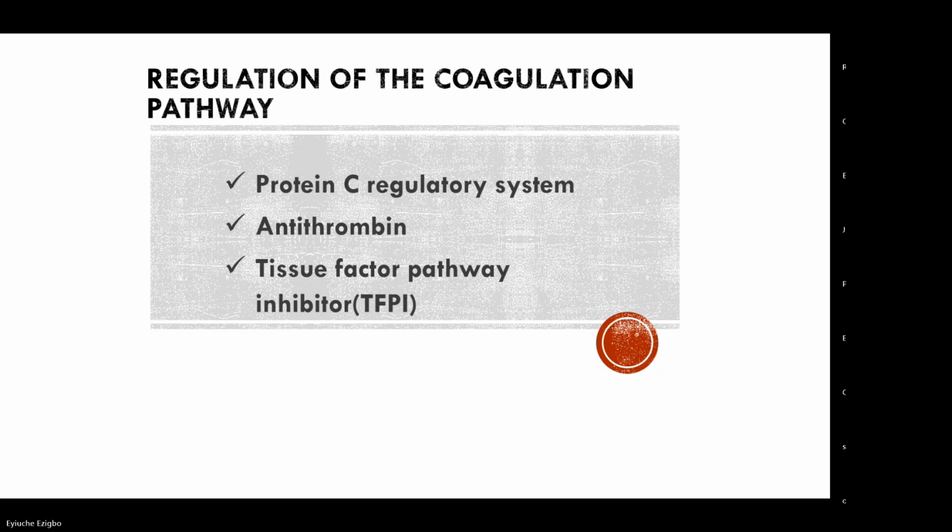So after the body's coagulation mechanism has tried to arrest the bleeding, there should be a regulation of the mechanism to stop further blood clotting. Okay, so we call it regulation of the coagulation pathway. It has to be regulated.